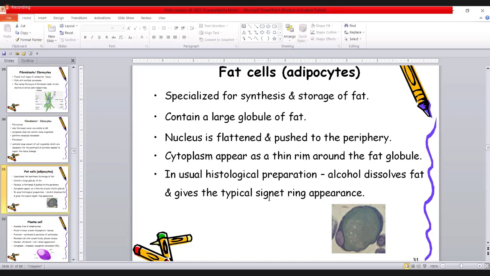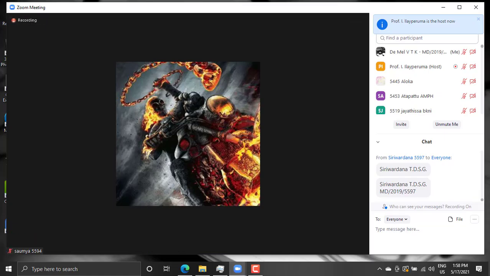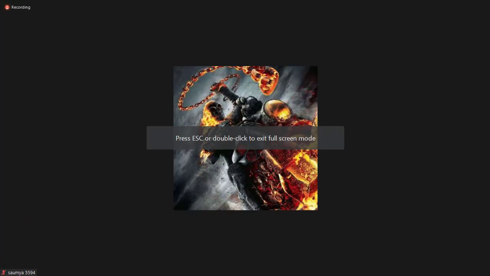Basophilic cytoplasm. The nucleus has chromatin arranged like the spokes of a wheel or like a clock face appearance.